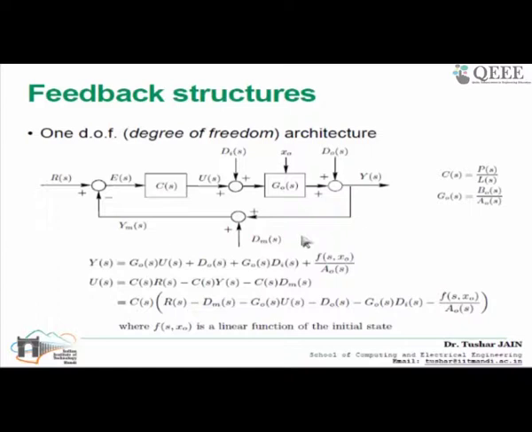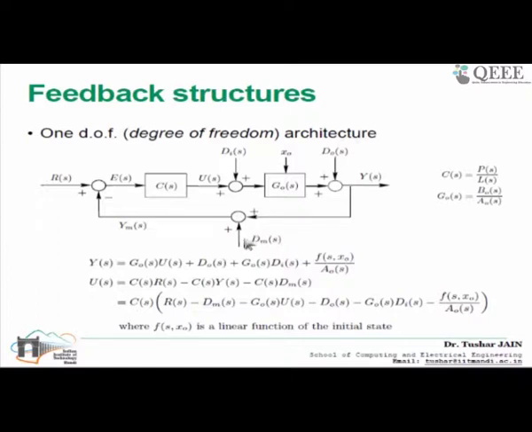Now the first question arises here: why am I only concerned with the input and output of the plant? Why not the other signals also? We have DI, DO, DM, U, E, R, Y. Like I said, the RS is given by the user. It is you who give the set points to the closed loop. You have the other disturbance variables over which you do not have any control.